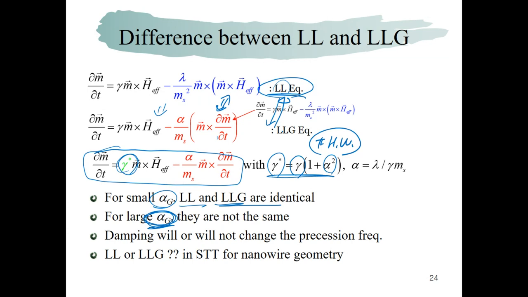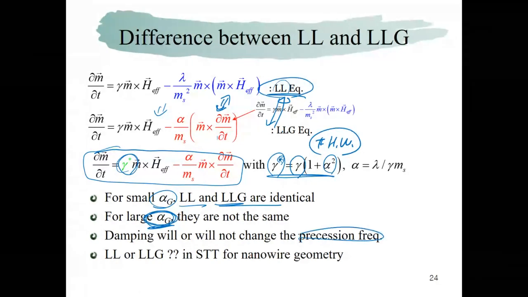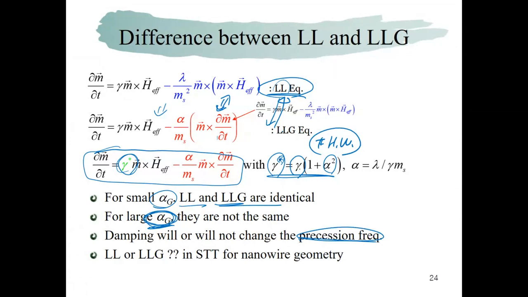If damping is not small, then they are not the same. This gamma star determines the precession frequency. So if alpha is changed, the precession frequency can change in this equation.